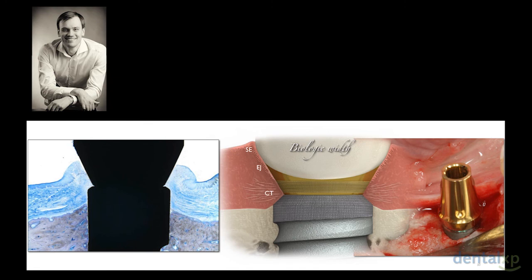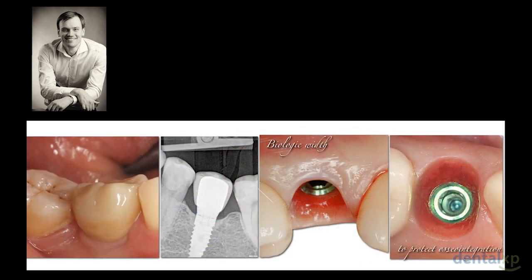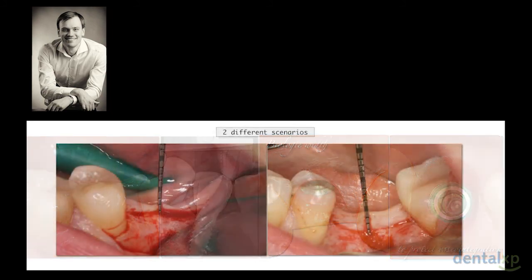It's sulcular epithelium, junctional epithelium, and connective tissue. And when you have a healed implant, which is completely integrated, the soft tissue thickness is a barrier. It's protecting our osseointegration. So this is why our soft tissue thickness is so important.